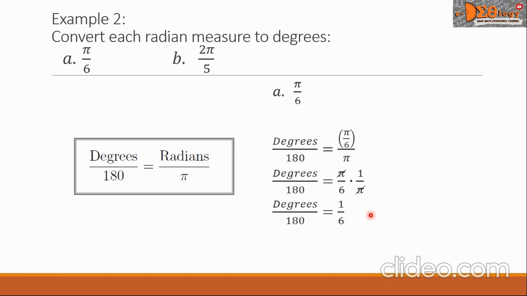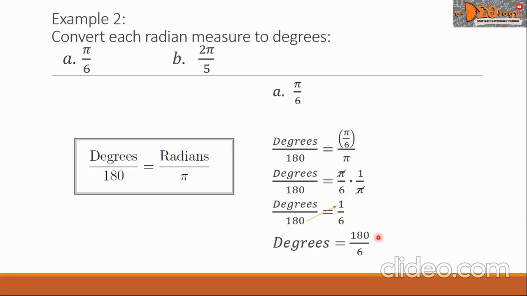From here, we're now to cross multiply this 180 to the right hand side. So the 180 times 1, and the degrees will be alone on the left hand side. We have now 180 times 1 all over 6. Since this is a factor of 1, we can simply remove this 1. We can now simplify this into 180 over 6.